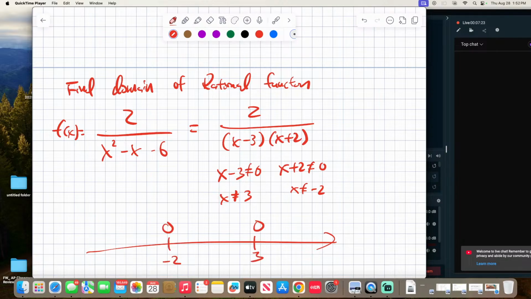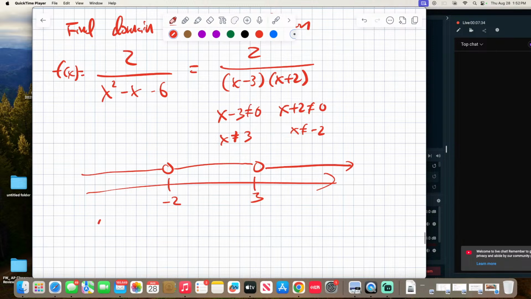So it's pretty much open circles at negative 2 and 3, and everything else is included. The way you write interval notation is negative infinity to negative 2, union negative 2 to 3, and then union 3 to infinity. And that's your domain of this function.